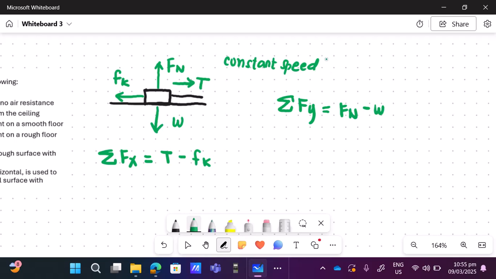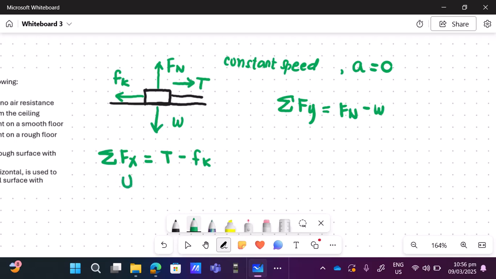So here, let's look at our assumption that this object is at constant speed. Because it's at constant speed, what happens to the acceleration? Acceleration is equal to 0. So because acceleration is equal to 0, net force is equal to 0 as well.